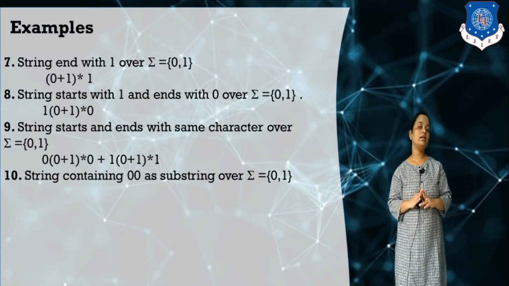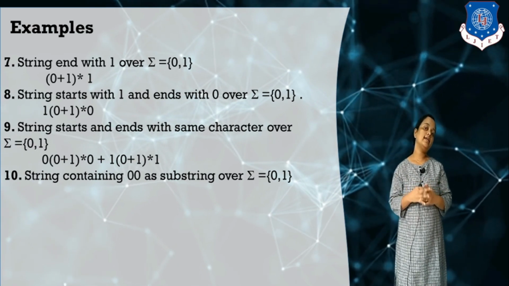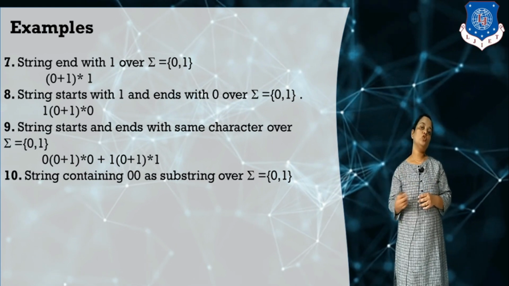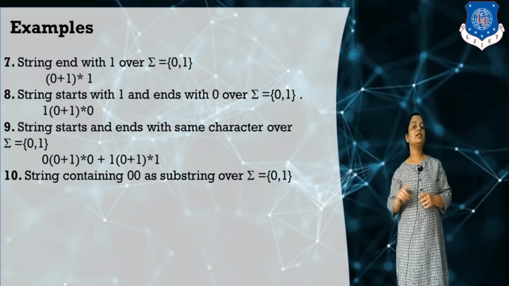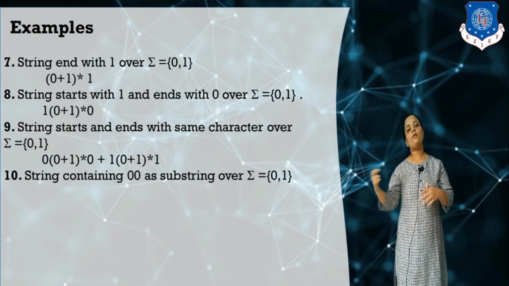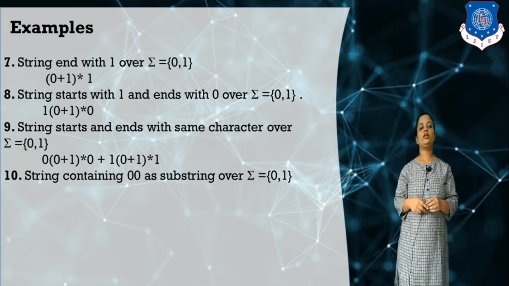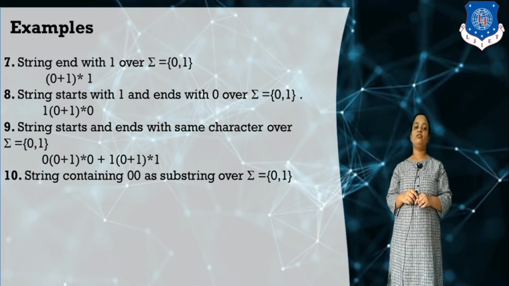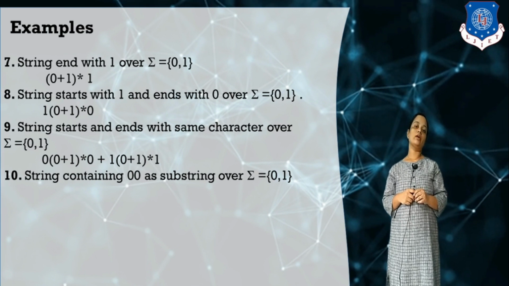No, not valid because they do not contain the substring 0 0. Now length 2, 0 0 allowed? Yes. 1 0 allowed? No. 0 1 allowed? No. 1 1 allowed? No. 1 0 0 allowed? Yes. 0 0 1 allowed? Yes. Okay, so likewise this language generates an infinite set of strings containing 0 0 as a substring.